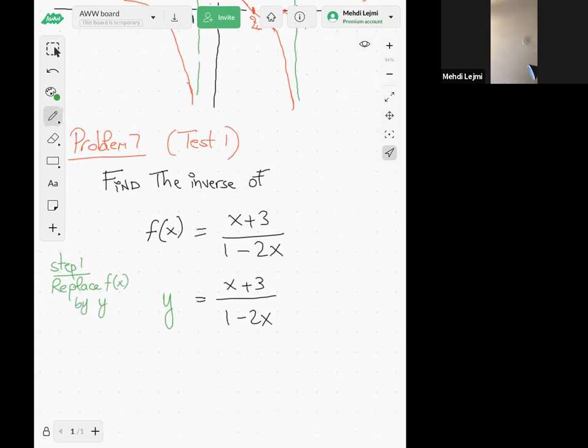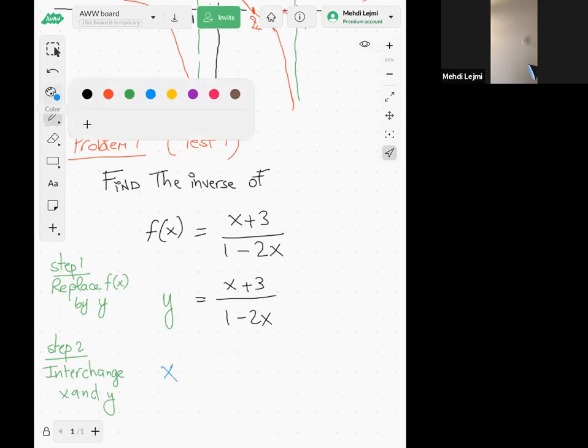And then next step is to interchange x and y. So y becomes x and x becomes y. There's y here, and there's y in the bottom.